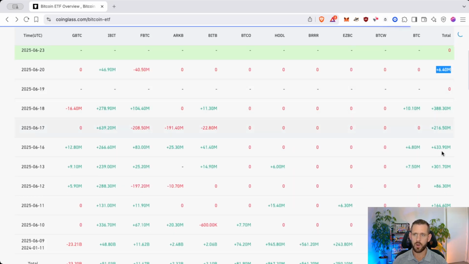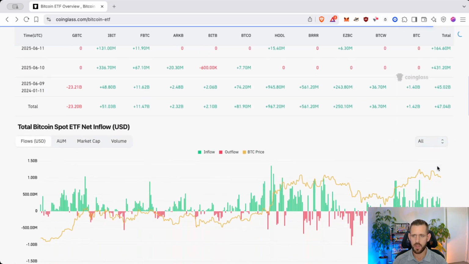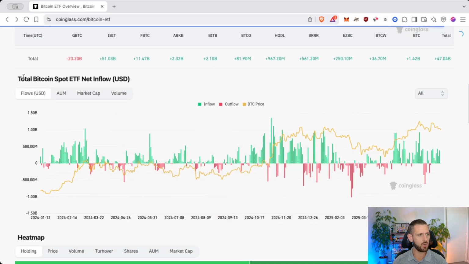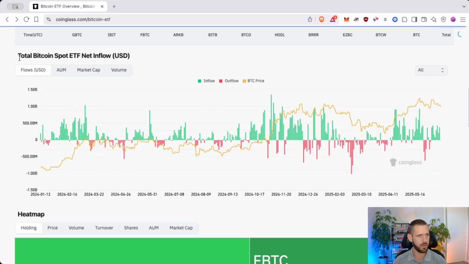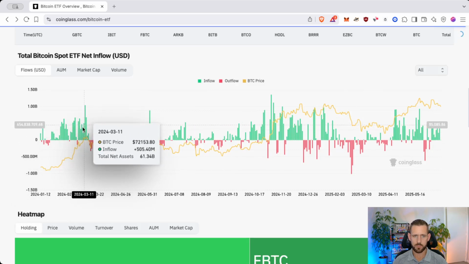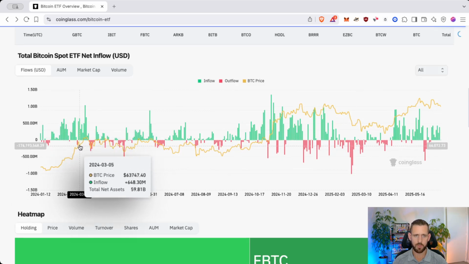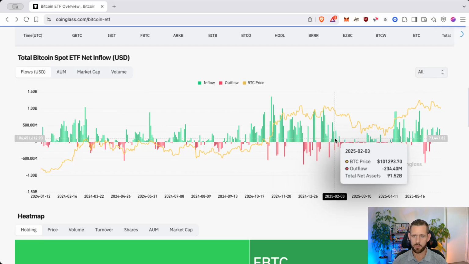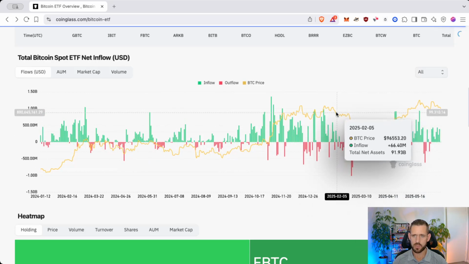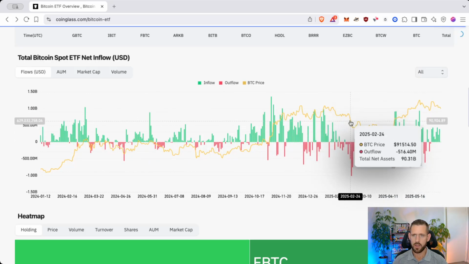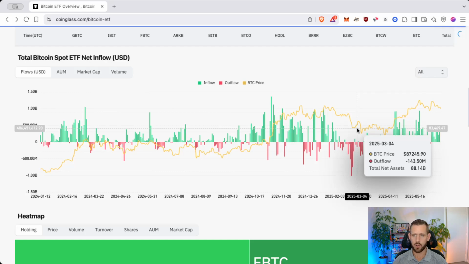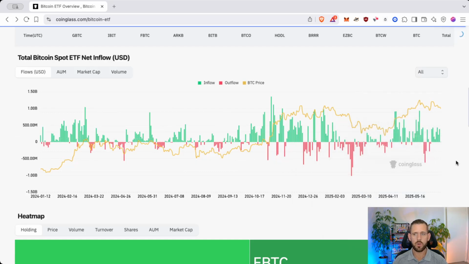So you can see whether there are more positive inflows than outflows, as well as if you go down to this nice chart at the bottom where it says total Bitcoin spot ETF net inflow, you can see during periods of high inflows, those often coincide with the price of Bitcoin moving up. And during periods of high outflows, you can see in the yellow or orange here, that coincides with the price of Bitcoin going down. So what you can do here is start to look at what the institutions are doing.